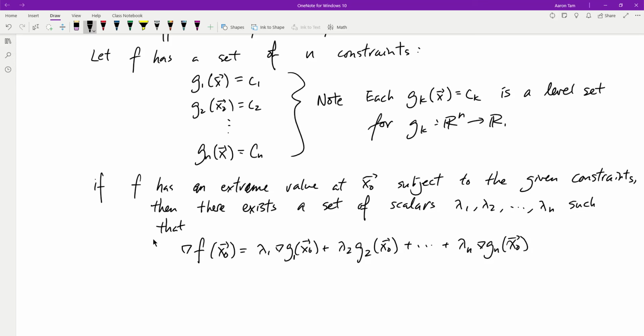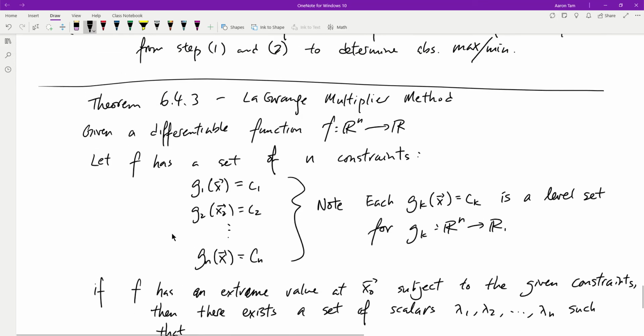Oh, actually, I'm going to have to fix this. The problem is that I said function f maps from Rn to R, but I don't want you to confuse that n with the n constraints. So I'm going to call the number of constraints m, so that it's easier. Okay, so this is m.